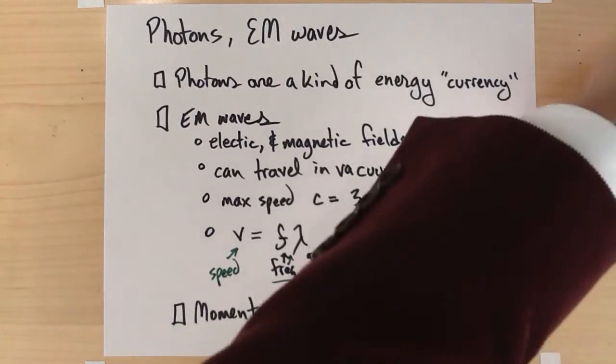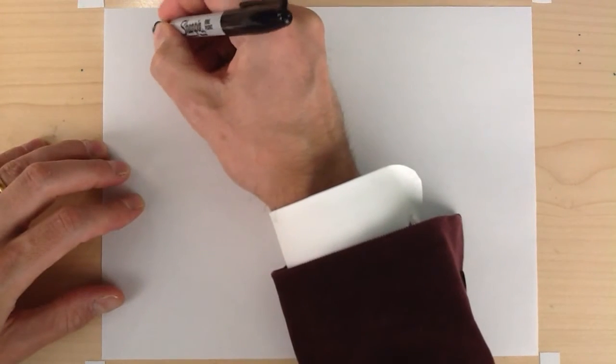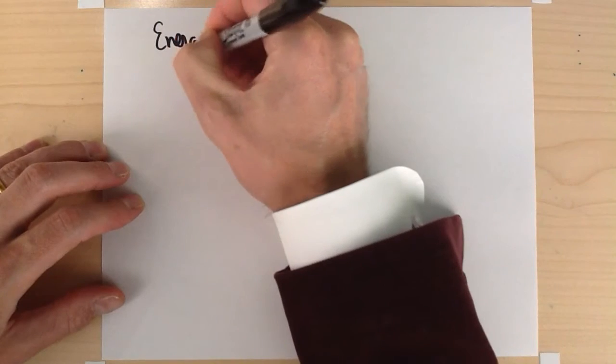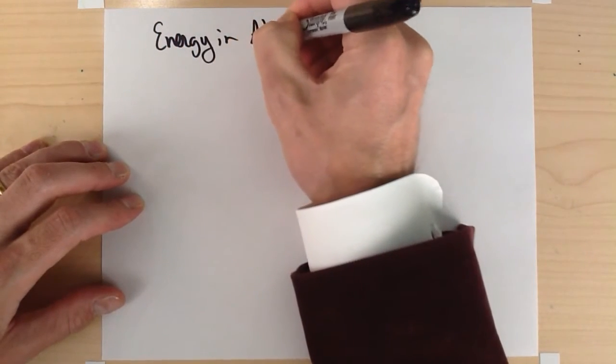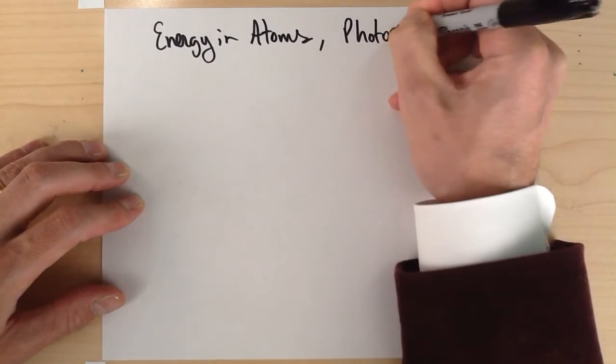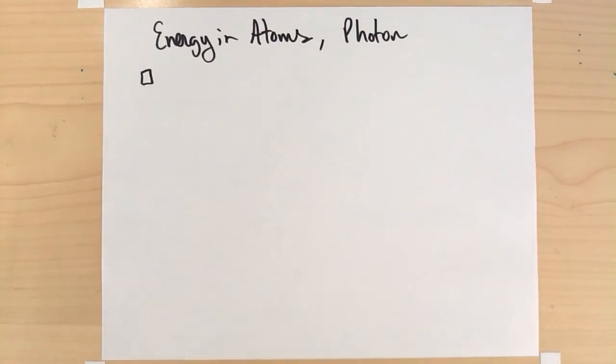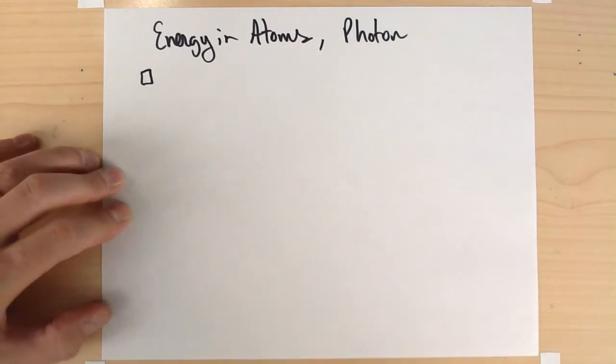All righty. So let's keep going and walk toward the photoelectric effect a little bit more. All right, so energy in atoms as it relates to photons. Let's think about this just a little bit and make some comments. Now, the first thing to remember from our prior lectures is that atoms gain or lose energy as electrons make transitions between different quantum states.